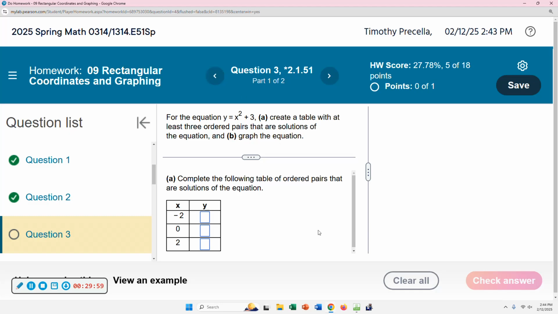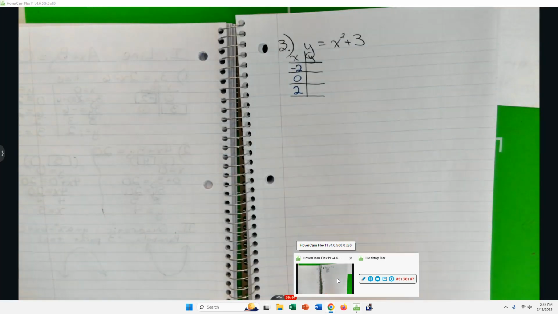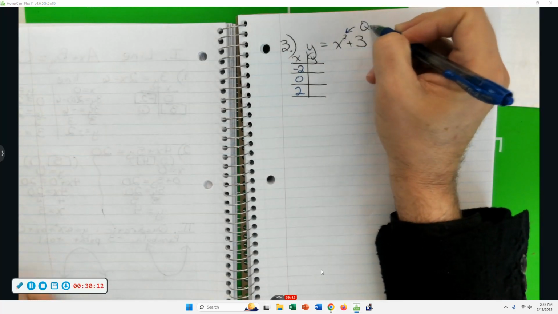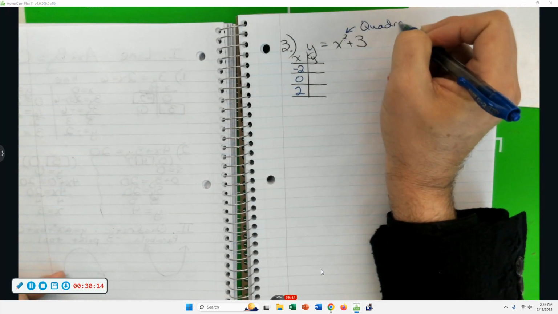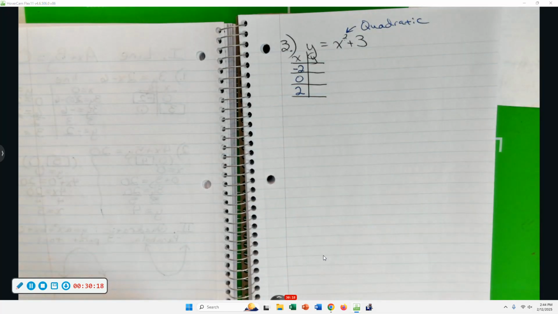They've given us this table that they want us to complete. I see that x squared, so that says it's going to be a quadratic. So I'm going to have to use the quadratic tool when I'm drawing this graph.